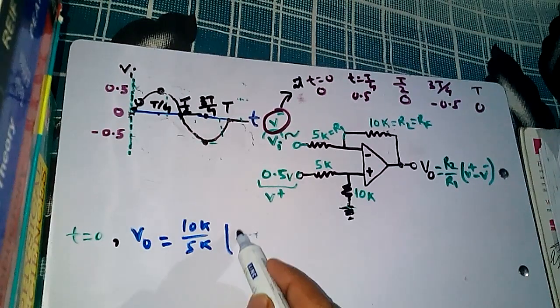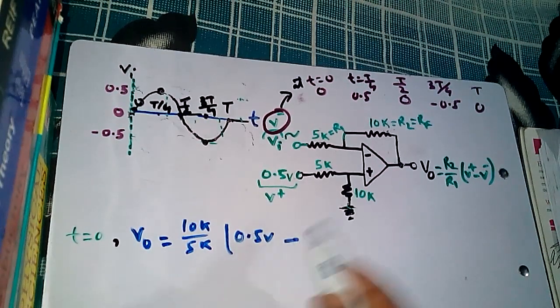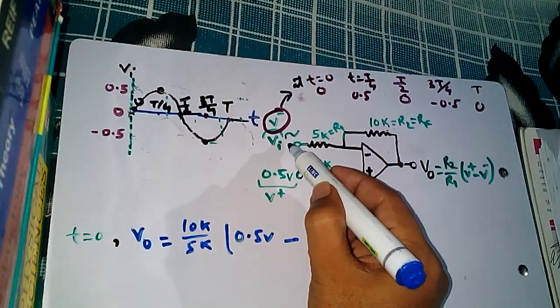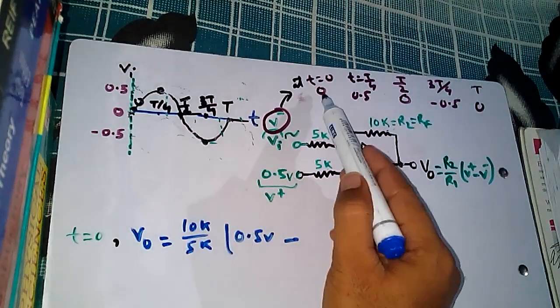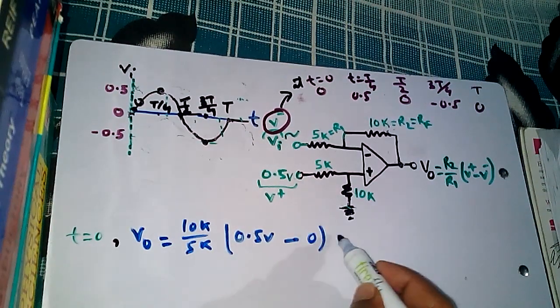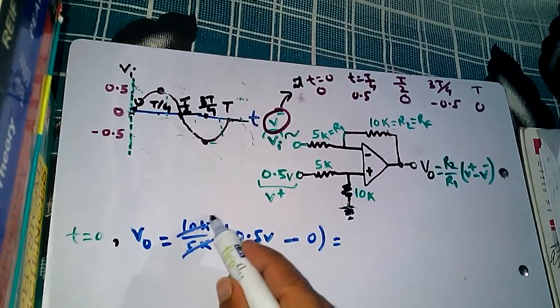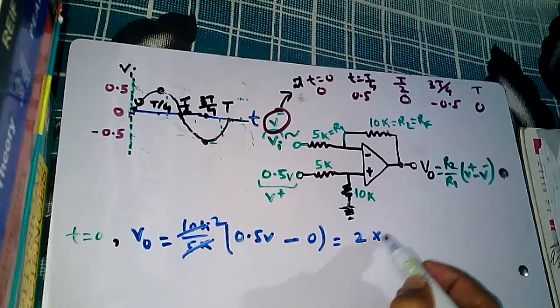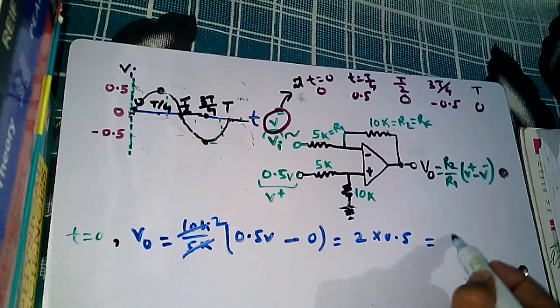And what is V plus? 0.5 volt, minus V minus. And what is V minus? At t equal to 0, it is 0. So 2 into 0.5, that means 1 volt.